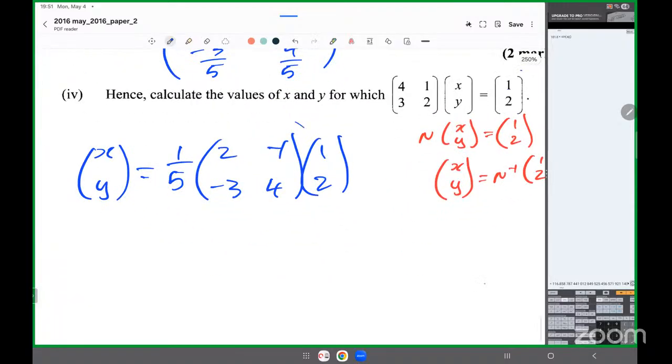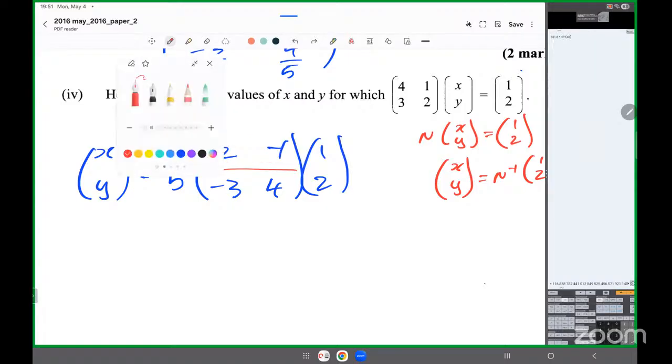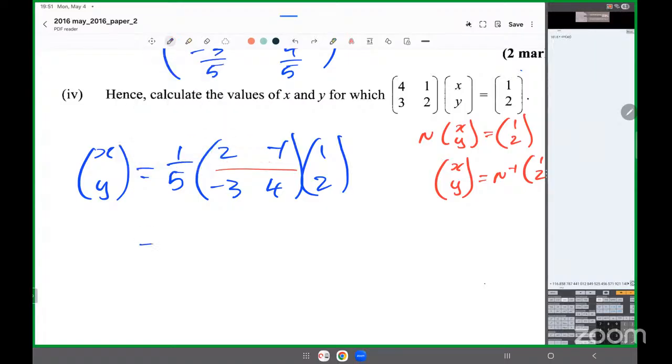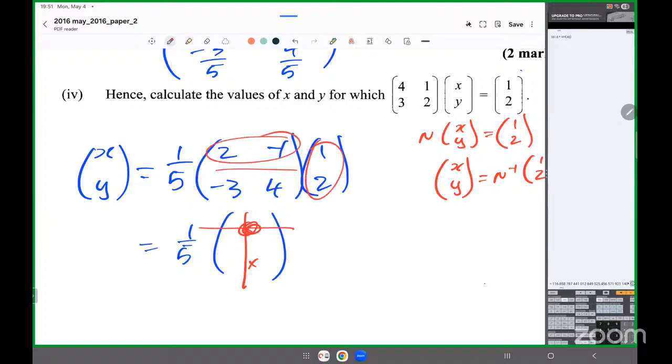So we're doing this calculation first with those two matrices. Same thing again, using the rows of the first matrix with the column. So it's going to become equal to 1 over 5 and the column matrix, 2 values. The first value is in the first row and 1 column, so multiply the first row by the column to get it.